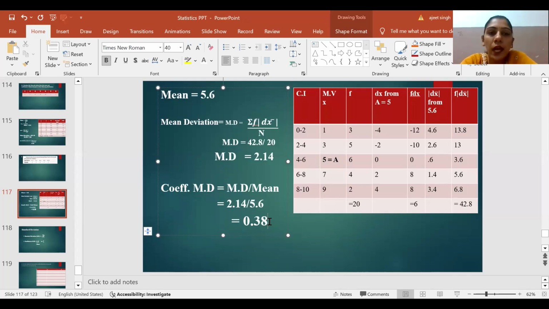After that, with the help of mean, we again calculate dx bar, and from dx bar we calculate f dx bar, and the sum of f dx bar divided by n gives the value of mean deviation. After that, with the help of mean deviation and mean, we calculate the coefficient of mean deviation. So this is how we calculate mean deviation and coefficient of mean deviation in individual series, in discrete series, and in continuous series.